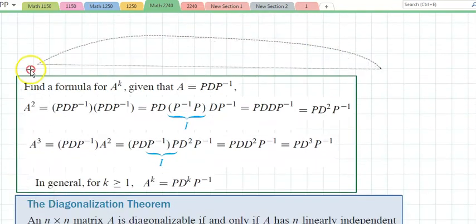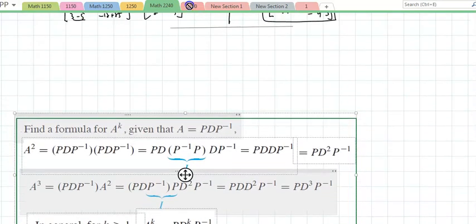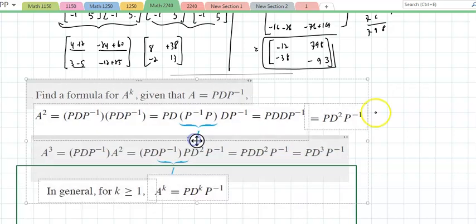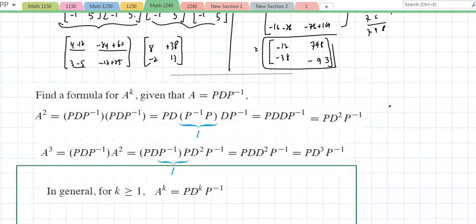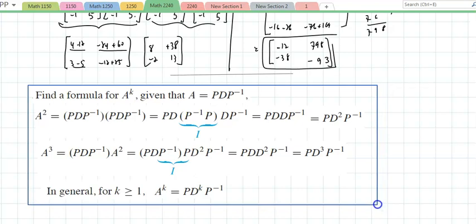So here we come and say, all right, look, if I can take A and write A as the product of three matrices P, D, and P inverse.